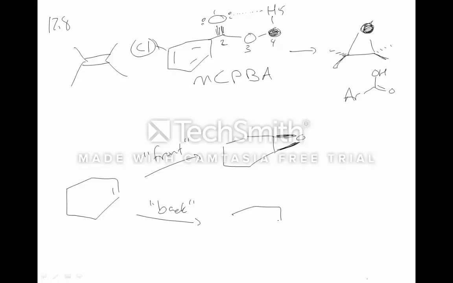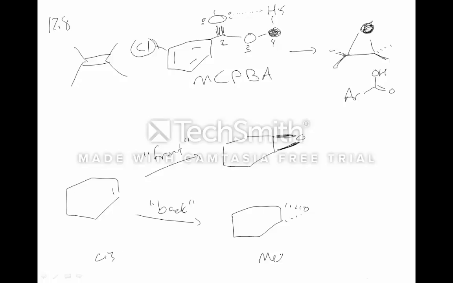Again, much like other reactions we've seen, there are stereochemical implications. You can attack from the front, and you can attack from the back. Those happen to be meso compounds.